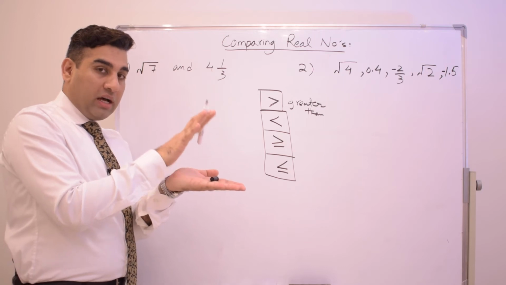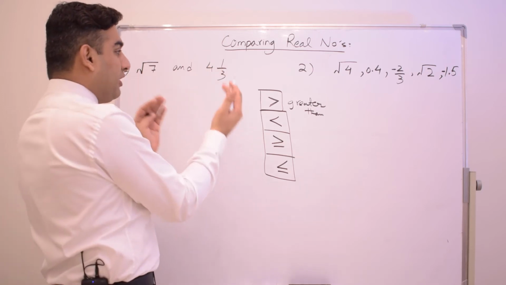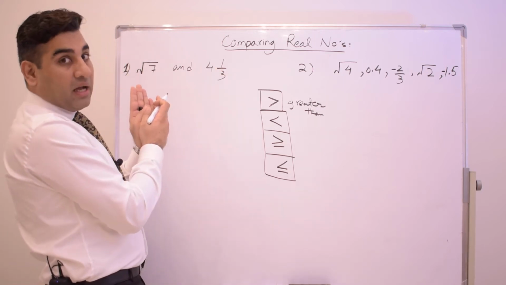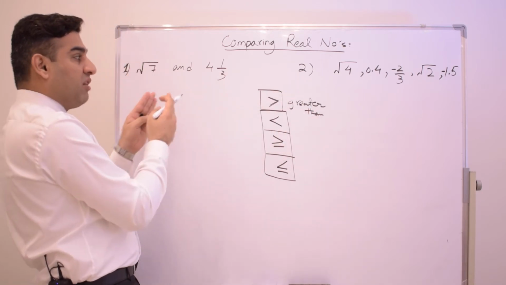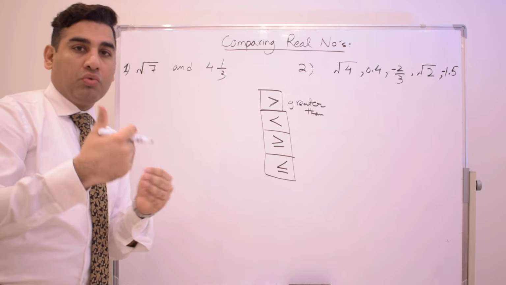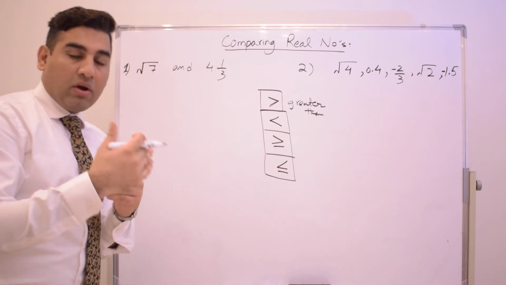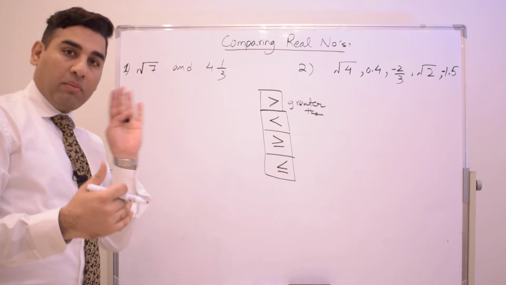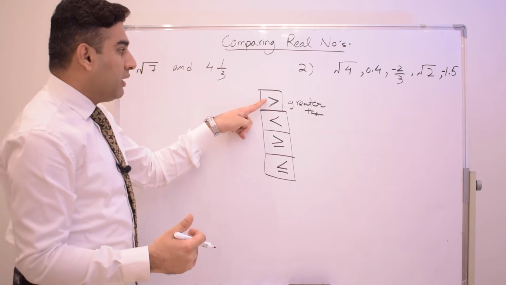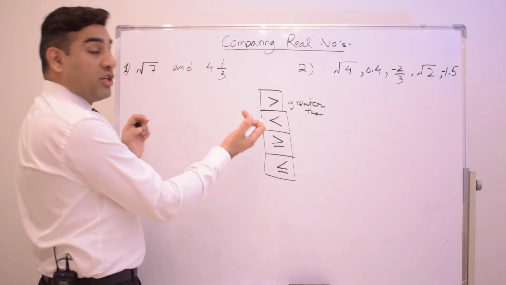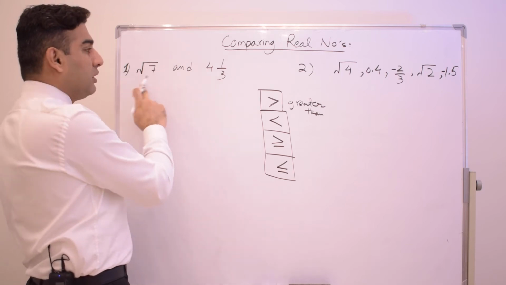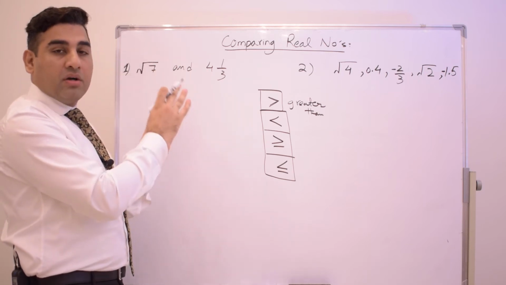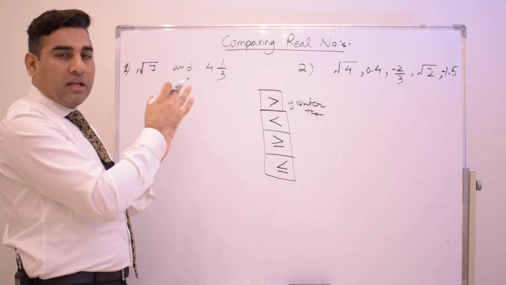If the mouth is opening towards the left side, then the left one will be greater than. You read from the left side, because we read and write English or maths from the left. So if the mouth, the face, is indicating towards the left, that number or term will be greater.